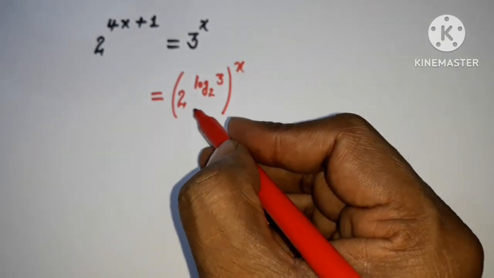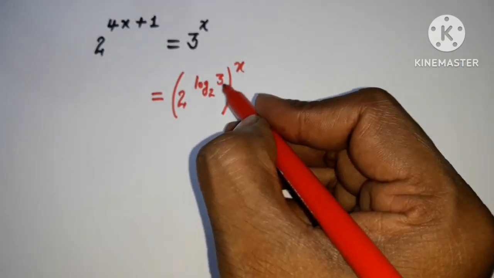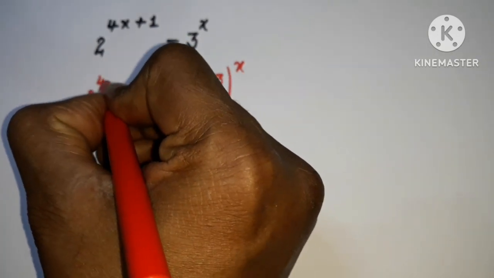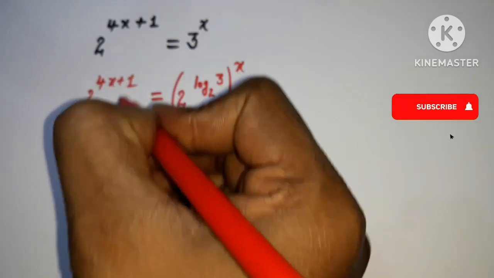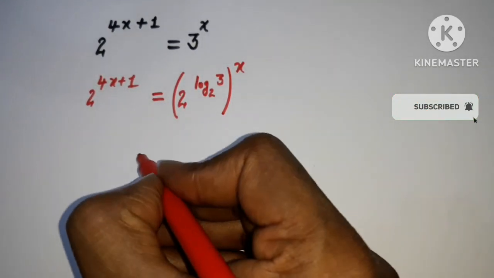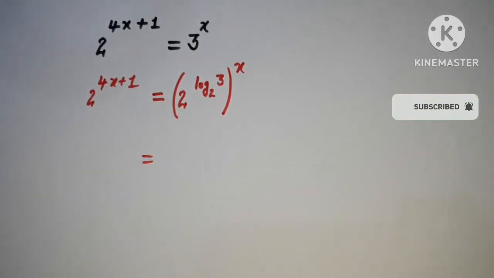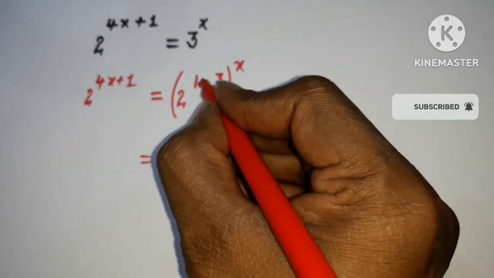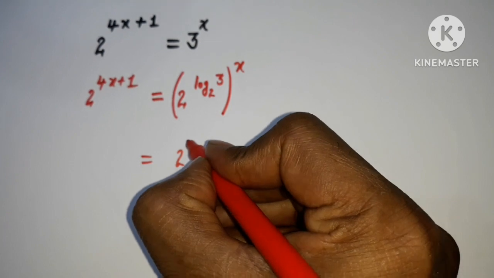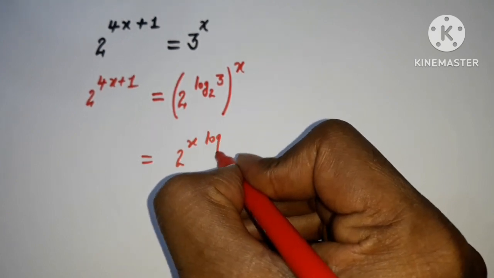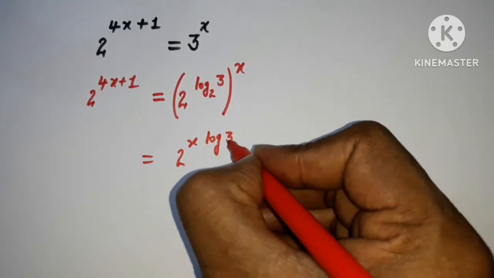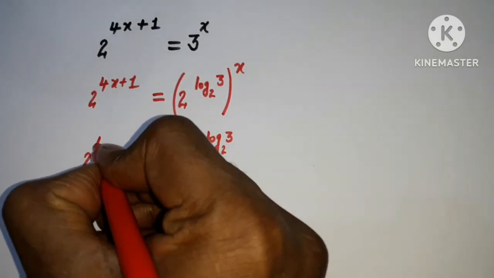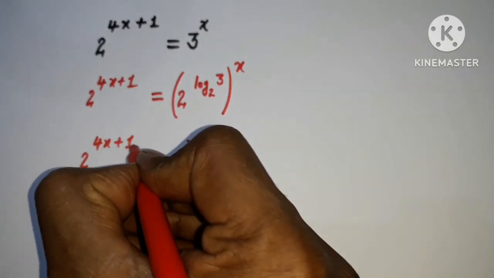In this way we can write (2^(log_2 3))^x. Obviously, the power x will multiply with this exponent, so it becomes 2^(x log_2 3), and the left side is 2^(4x+1).